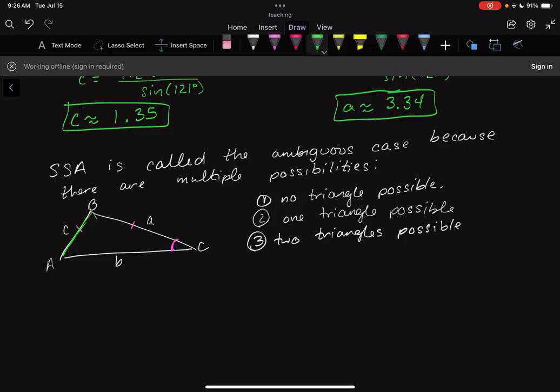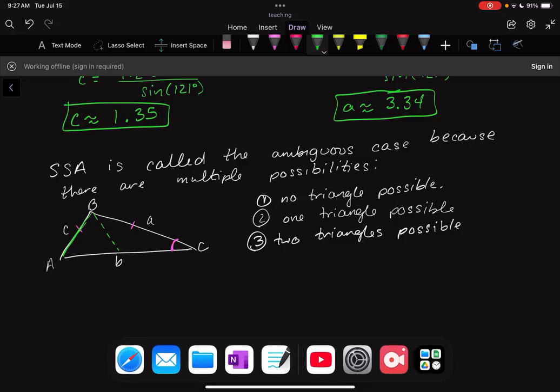Maybe it's actually right here. And that would change my angle B, it would change my angle A, and it would change my side B. So it's just possible that you could have two triangles, whether your side is on the outside like that, or maybe it's cutting through to the inside.